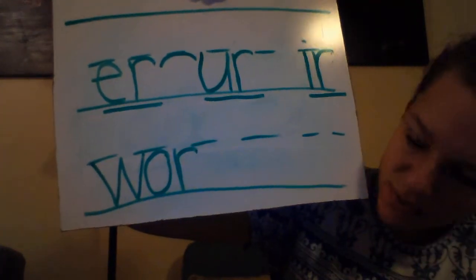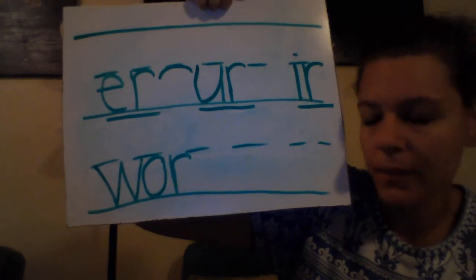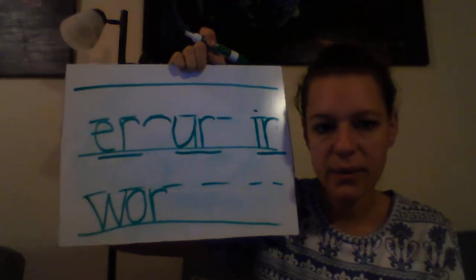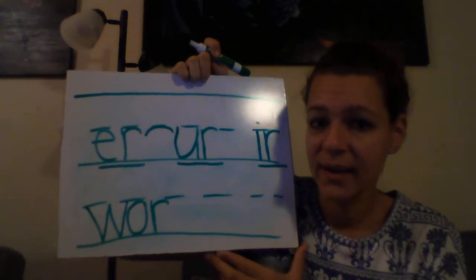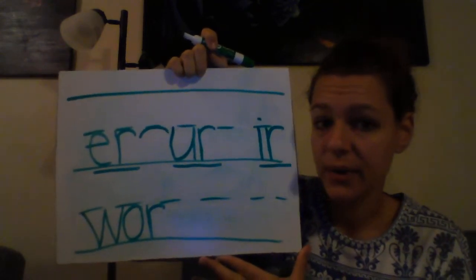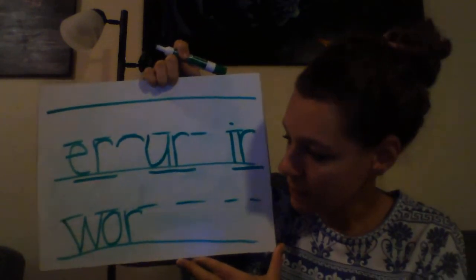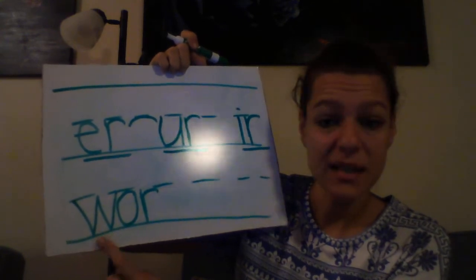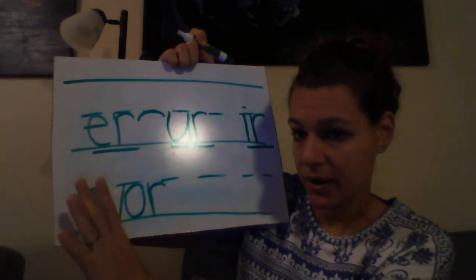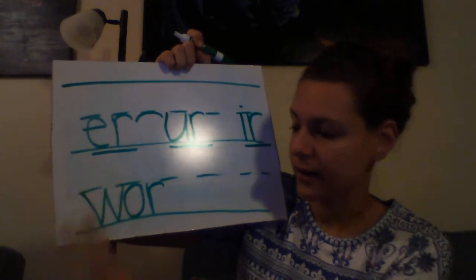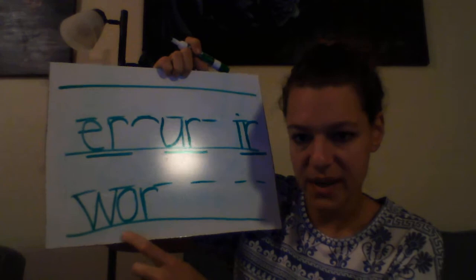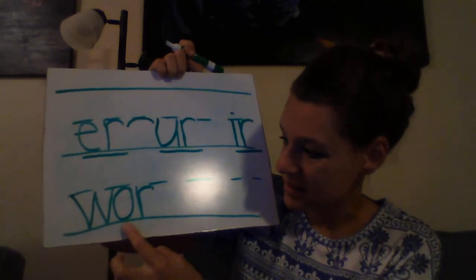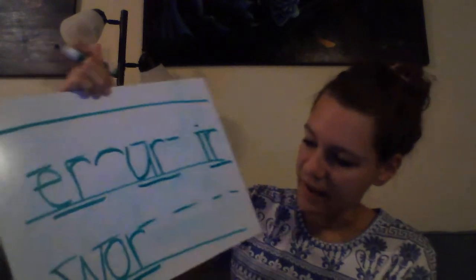Make sure those are the 3 letters that you have in that order. Am I going to underline all 3 letters? If you said no, then you remembered from last time and nice work. Because remember, this w is just a bossy w. It still says its sound, so it's not part of our er, right? Because we don't hear the sound w in er, but it makes these 2 letters say er. Without the w, these letters say something different. So we just underline the 2 letters that actually make the sound, and that's those guys.